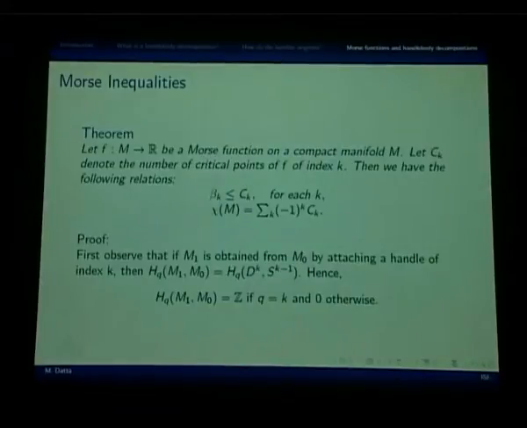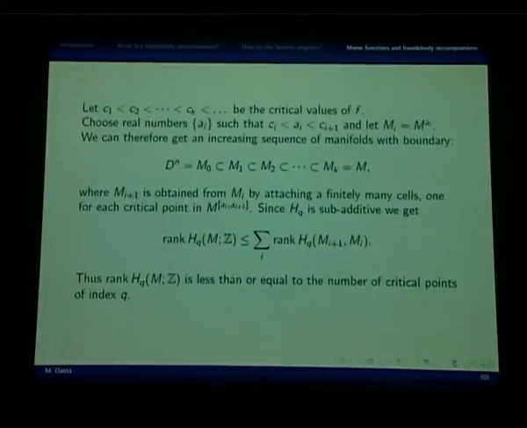So basically when you are attaching, let us go to this. Again the proof is almost similar. You arrange your critical values, take some real numbers ai between two successive critical values and construct the corresponding level sets, and write down D^n equal to M0, which is contained in M1, contained in M2, and finally you get your M, where M(i+1) is obtained from Mi by attaching finitely many cells.